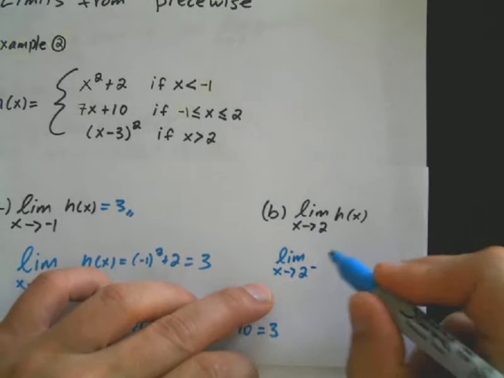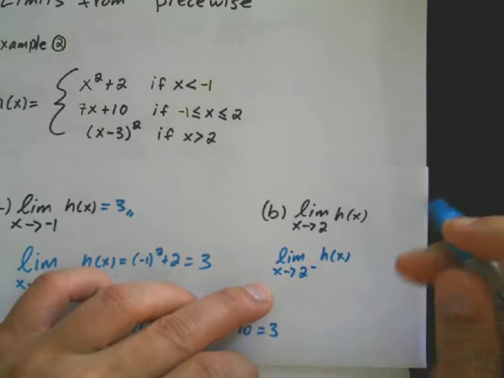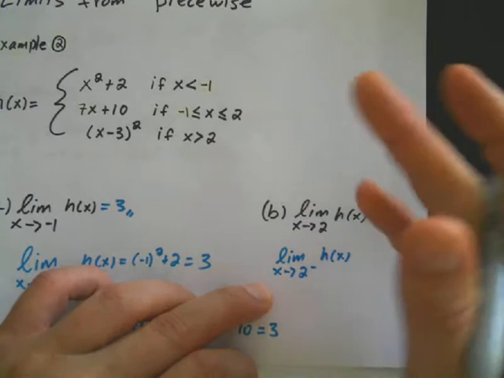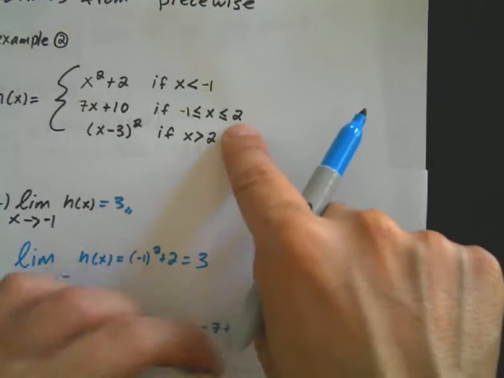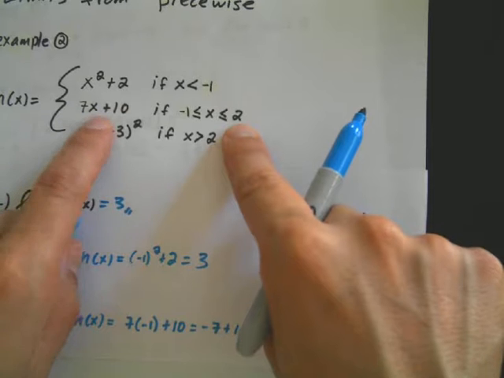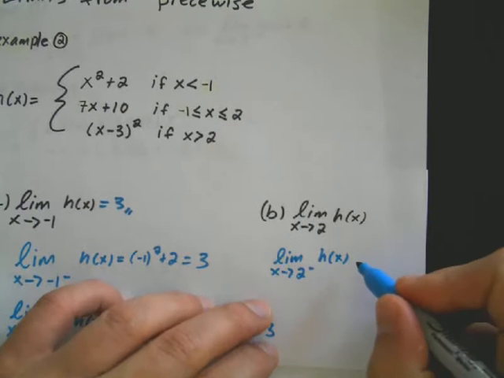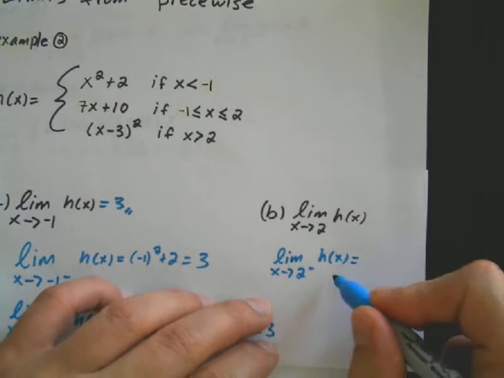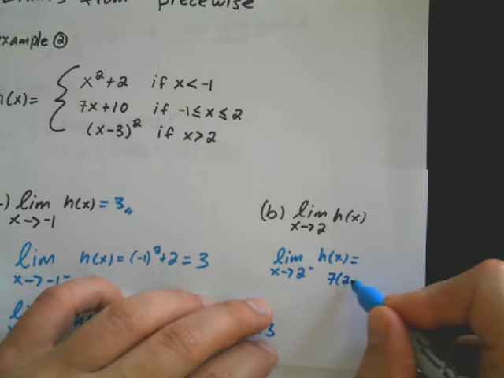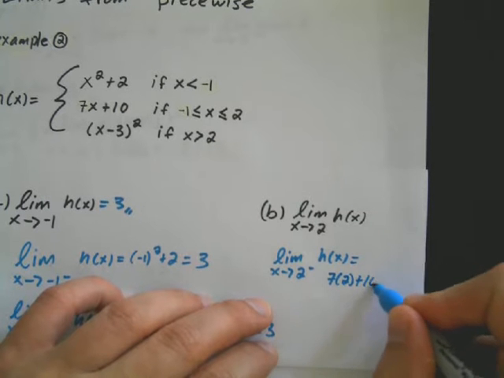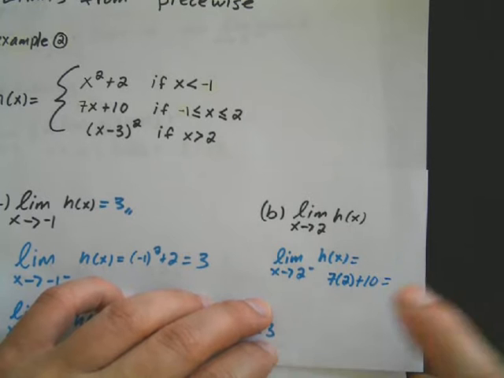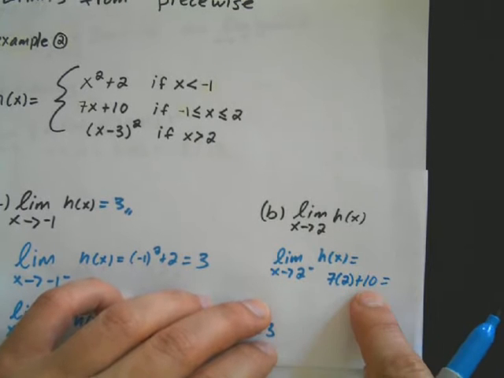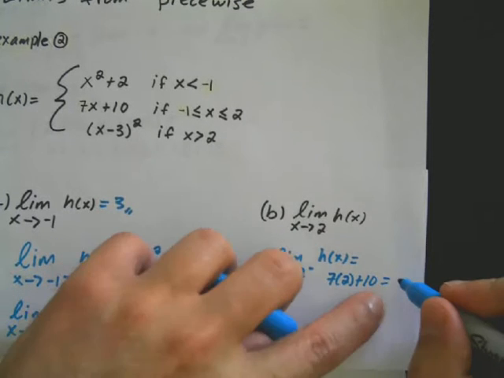In this case, the limit from the left is going to be the things before I get to 2. So it's going to be using this one in the middle. So it's going to be 7 times 2 plus 10, which gives me 14 plus 10, which is 24.